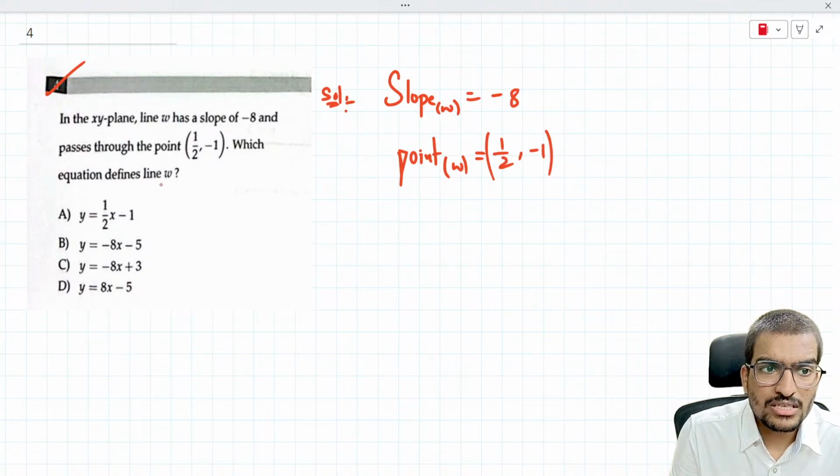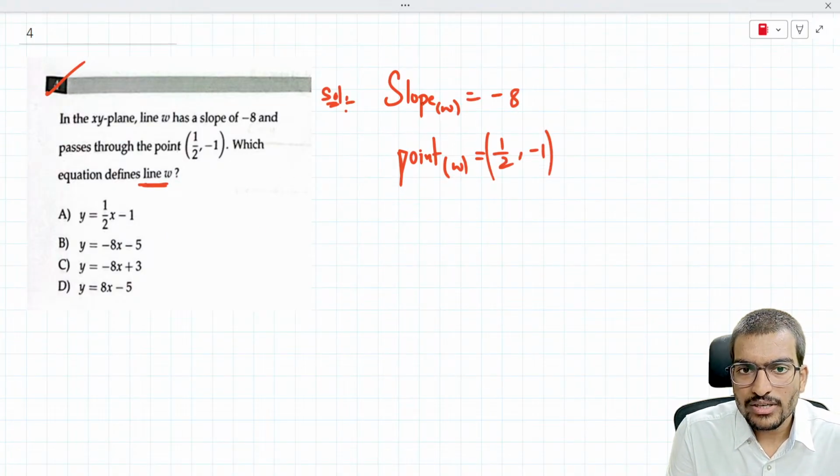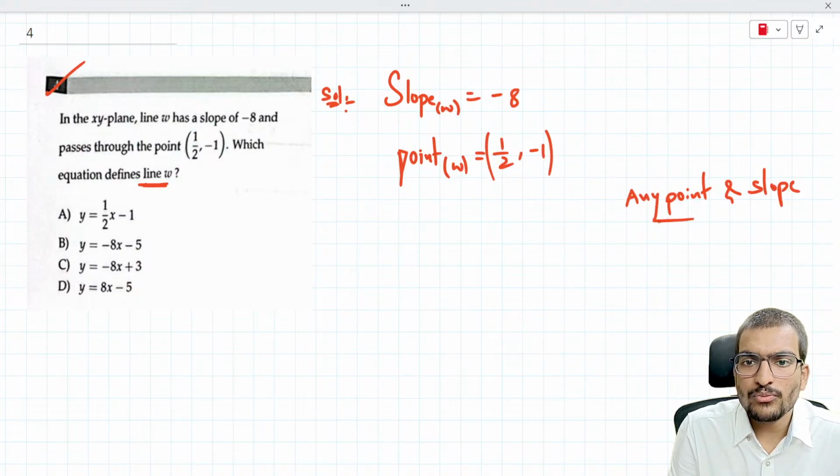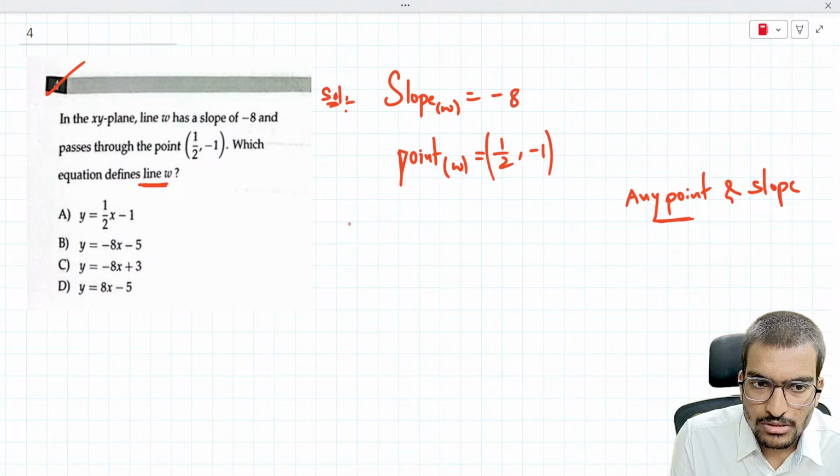Which equation defines line W? What I said is, when you have any point and slope, any point, not the y-intercept, then use point slope form.